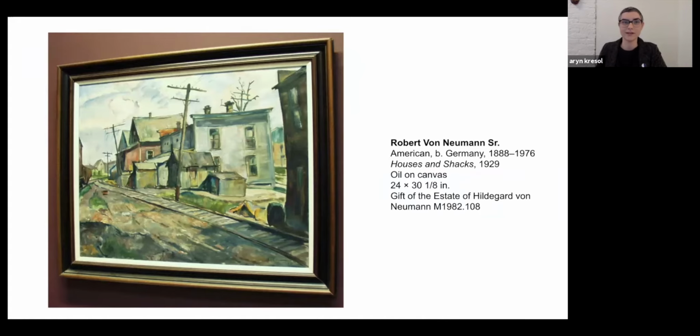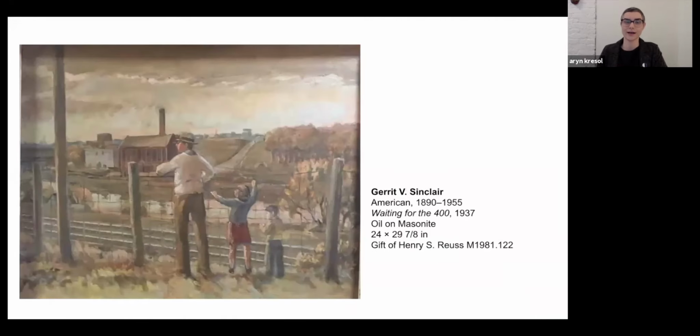As you may recall, Ulbricht's work was included in the previous exhibition at MPL, Wisconsin Women Artists. Freebert also studied alongside Garrett Sinclair, in addition to Tenement Milwaukee 3rd Ward, which I showed earlier. Milwaukee Scenes features Sinclair's 1937 painting Waiting for the 400, which was acquired in 1981.